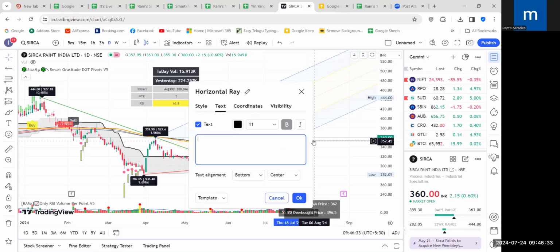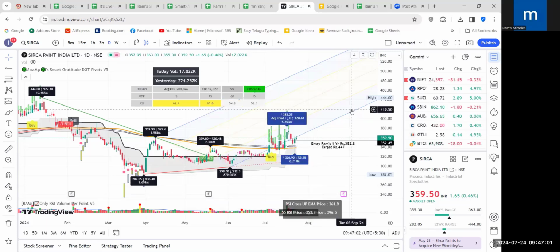This is the entry price. See, this is the entry. 352.80 is the entry. So we can place a GTT order whenever we see the yellow buy in our setup.